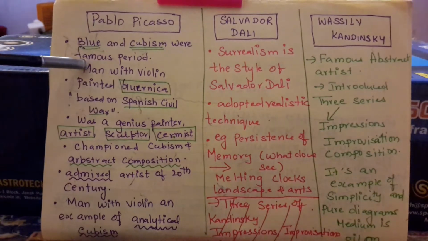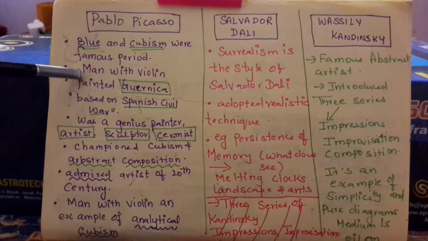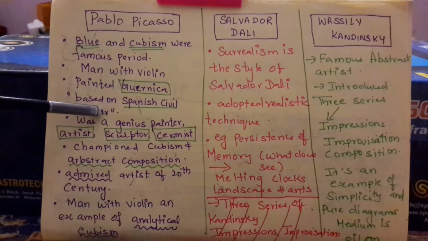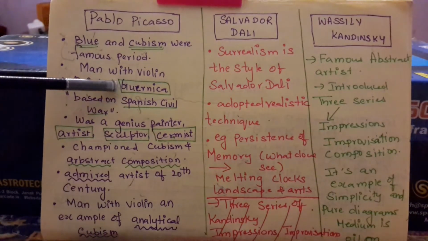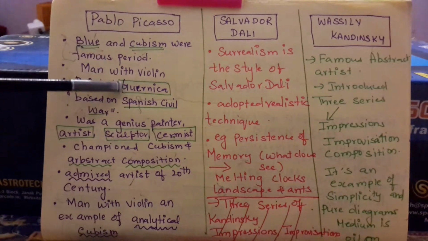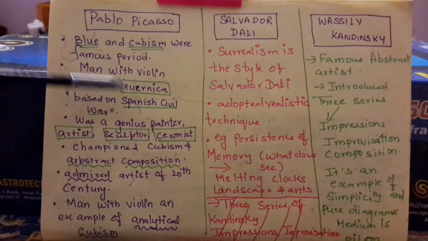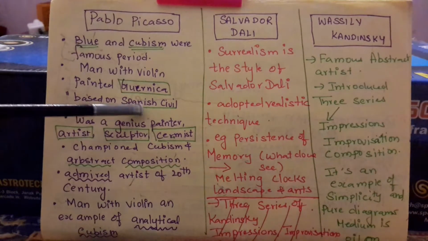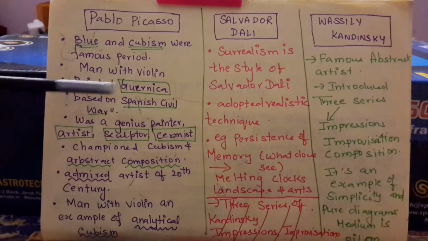Man with Violin was a famous artwork created by Pablo Picasso, and there is another great painting termed Guernica. Guernica is painted by Pablo Picasso, and it was based on the Spanish Civil War.